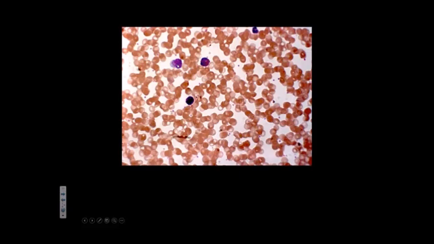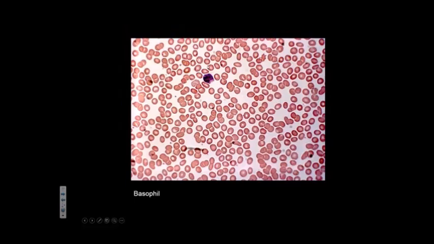Probably a monocyte. What cell type is this? Notice the red cytoplasm. It's probably an eosinophil. Anytime there's red, it's eosinophil. That's why I said on this image over here, I think it's a basophil, but I'm not sure. Because I see more dark than I see red, so I'm leaning towards basophil. But the argument could be made that's an eosinophil.